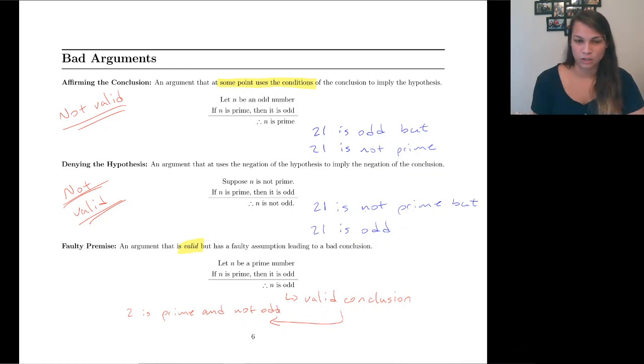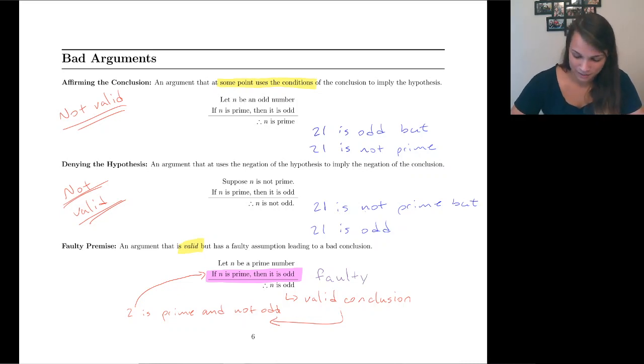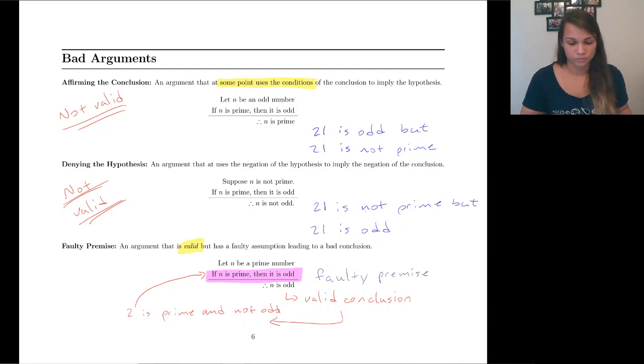My reasoning was good, so what went wrong? This guy right here. The most dangerous kind of mistake, or probably the most common kind of mistake that you're going to see here, is a faulty premise. You're going to assume things that you're not allowed to assume.